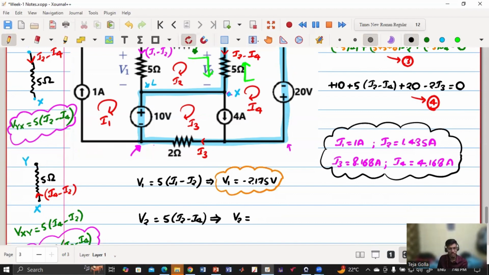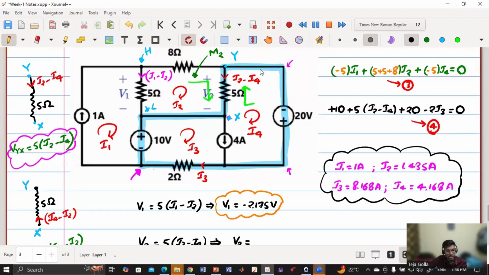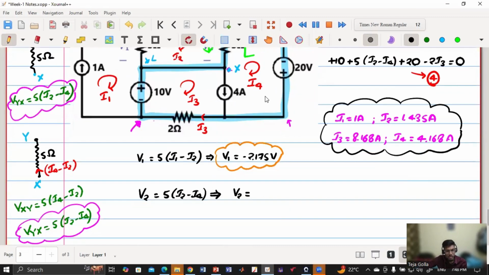Agree, or still having some confusion? V2, value of V2. Minus 13.665. Yes. So if I calculate, it is minus 13.665 volt.